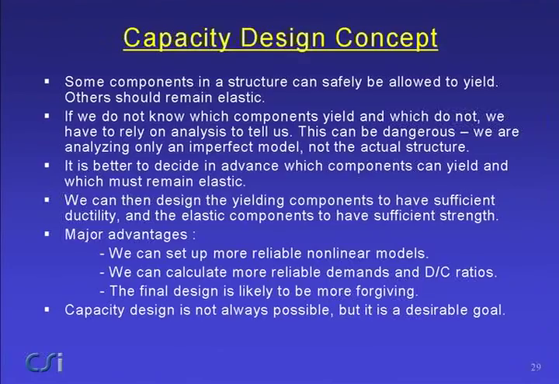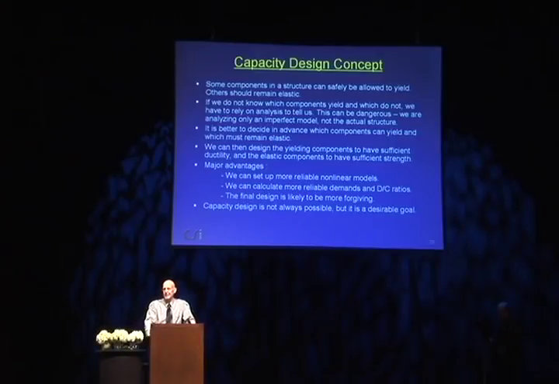Capacity design. The concept of capacity design, if you're not familiar with it, is that some components in the structure can safely be allowed to yield, and others should remain elastic. If we do not know which yield and which do not, we have to rely on the analysis to tell us. And when I say it can be dangerous, it probably is dangerous.